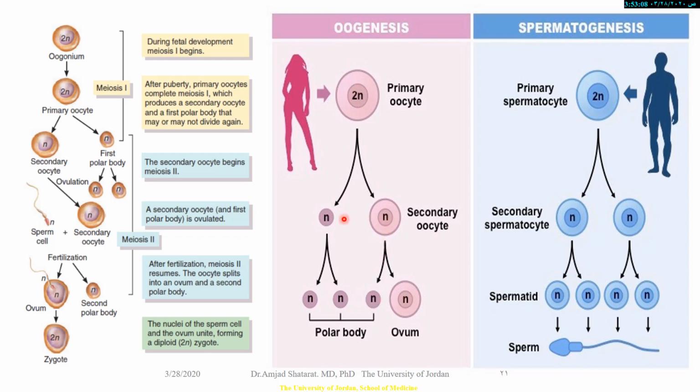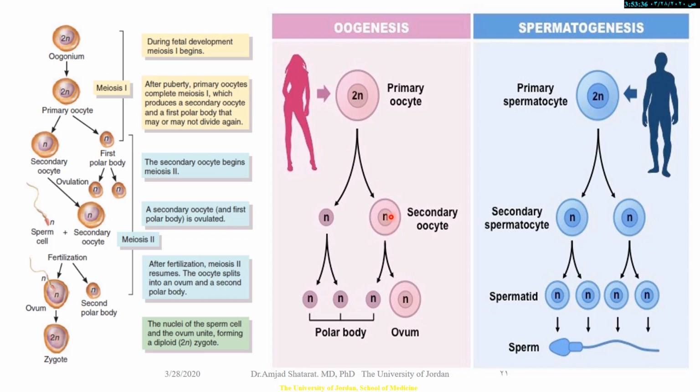If we compare the chromosomes of the secondary oocyte and the first polar body, they are the same: 1N, 23 double-structured chromosomes. When we compare the fertilized egg with the second polar body, chromosomally they are 1N, single-structured. So the only difference between them is the amount of cytoplasm.